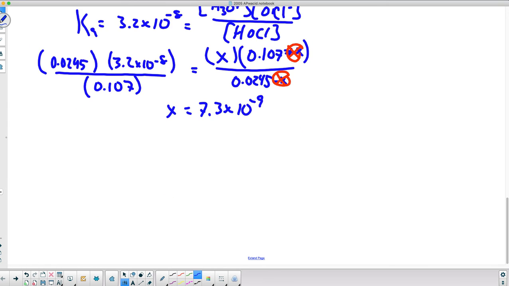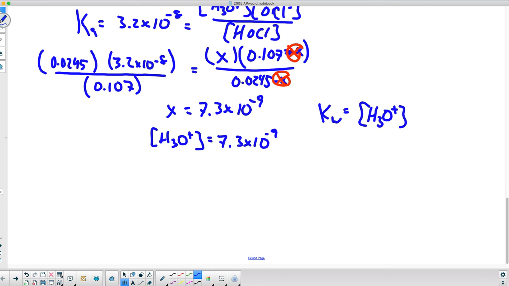Okay? That is, in case you're not sure, the hydronium ion concentration, equals 7.3 times 10 to the negative 9. Okay. That means then, remember that Kw is equal to hydronium ion times hydroxide ion.